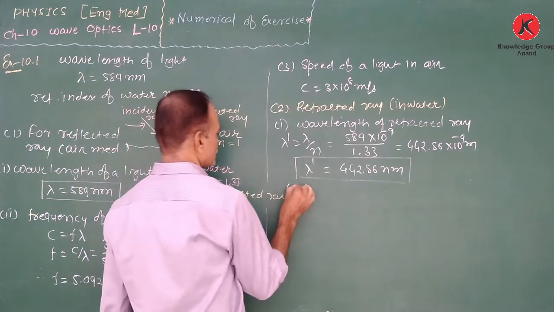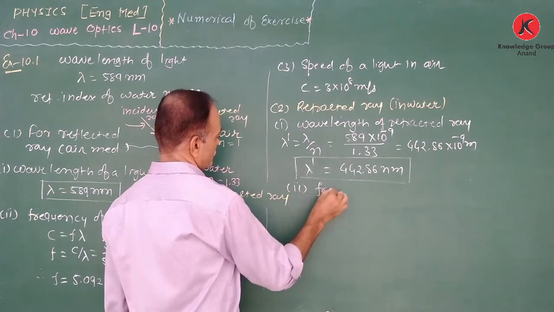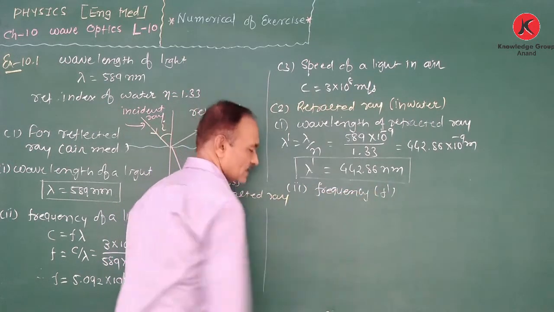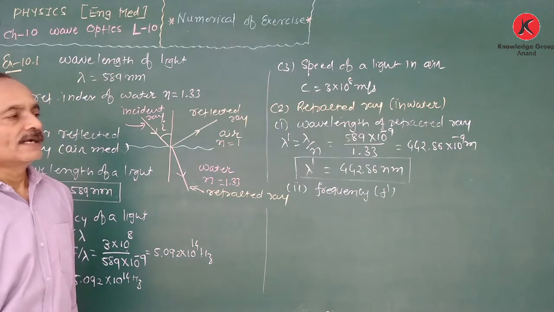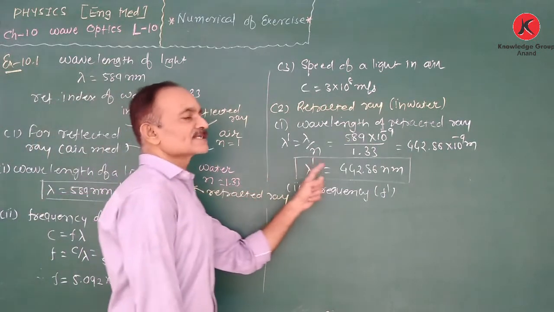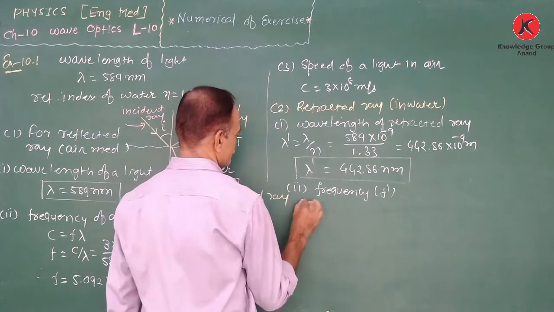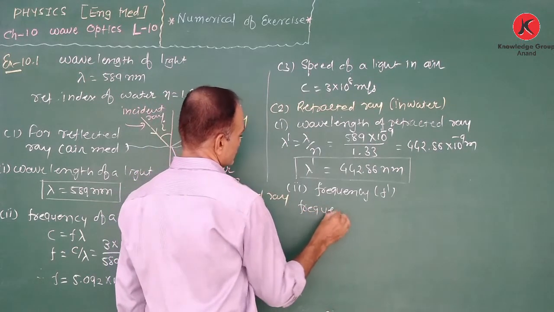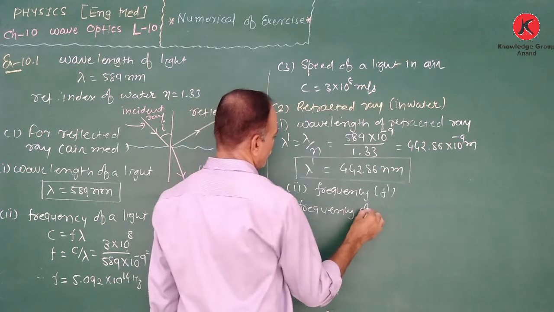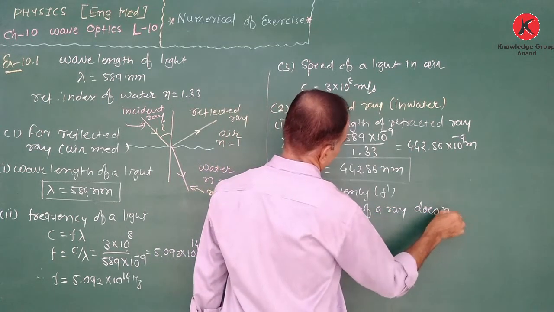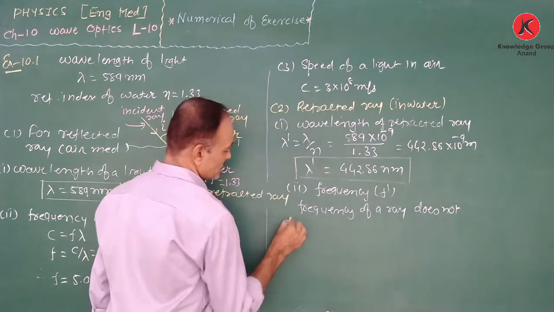Now, second part, frequency. What is the frequency f dash of the refracted ray? Now listen, frequency does not change with the change in medium. The frequency of a ray does not change with medium.